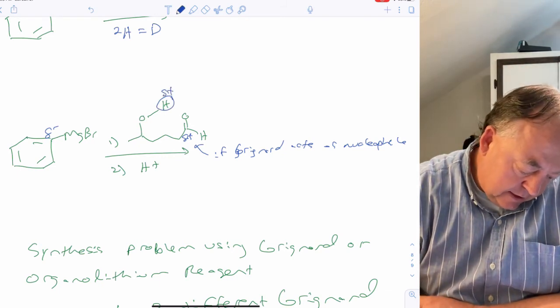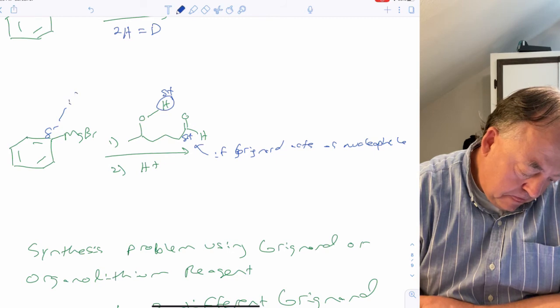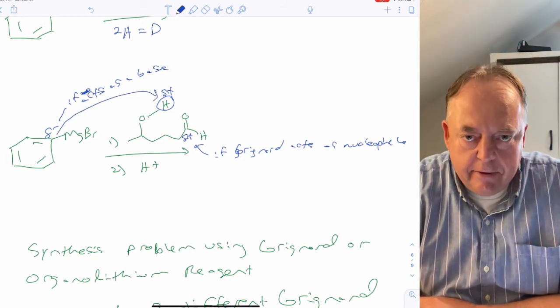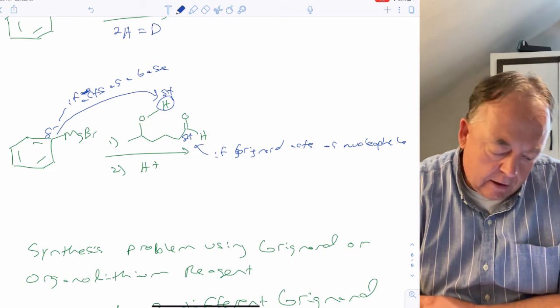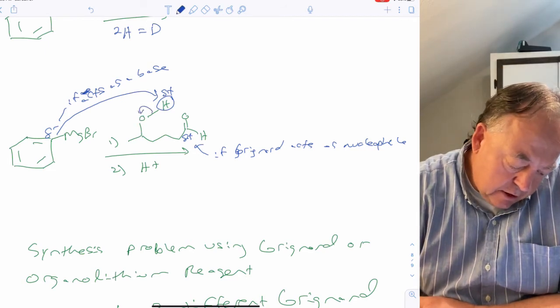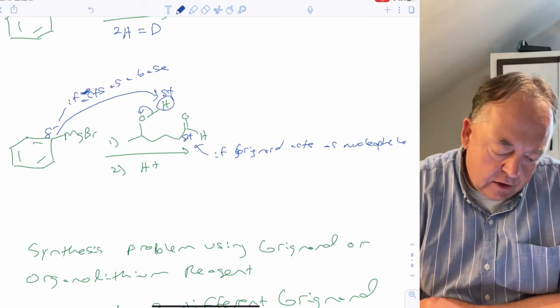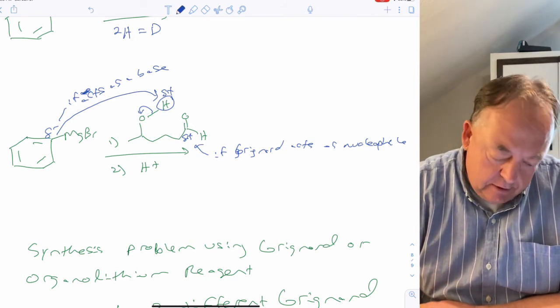And if this acts as acid base, then it's just going to take that hydrogen, and it's always going to act as a base before it acts as a nucleophile. So that's what's going to happen in this reaction. You would just destroy the Grignard reagent. It would just take off a hydrogen from that molecule, from the OH, and be done.